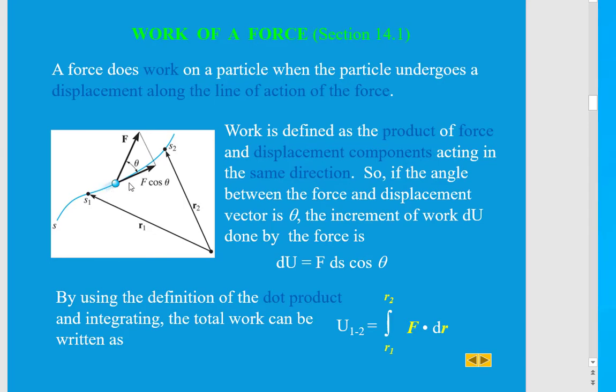Or if you're dealing with vector space, F cosine theta is simply the projection of that force on that angle, which means if this is tangent, then I'm looking at the dot product of F with ds, because the dot product between F and ds is simply F cosine theta ds. So it's a similar way.